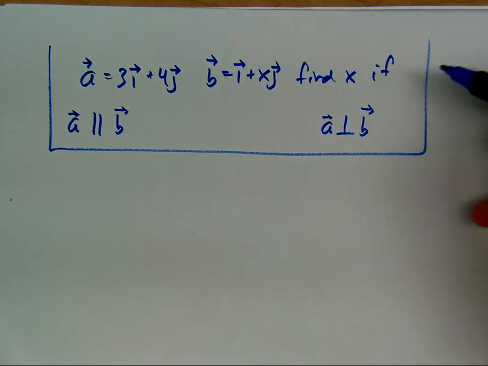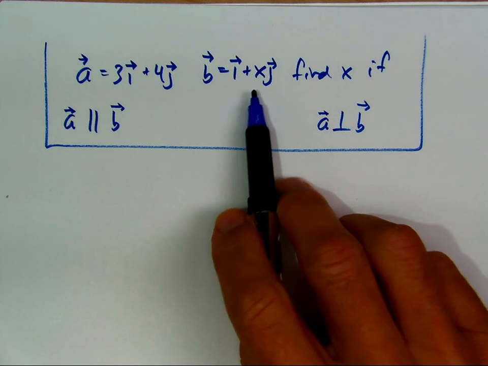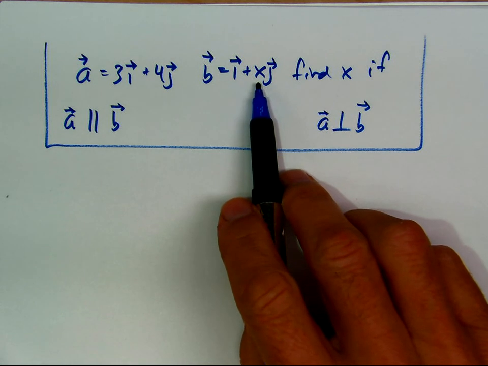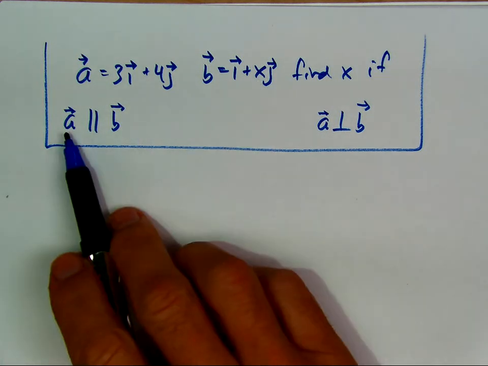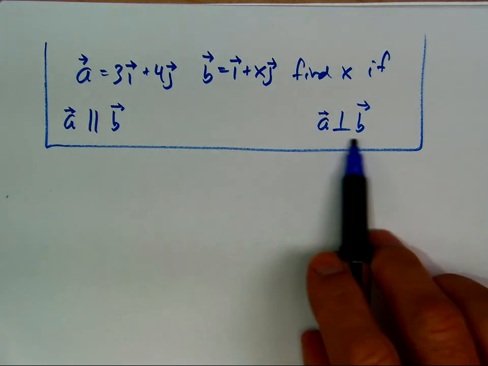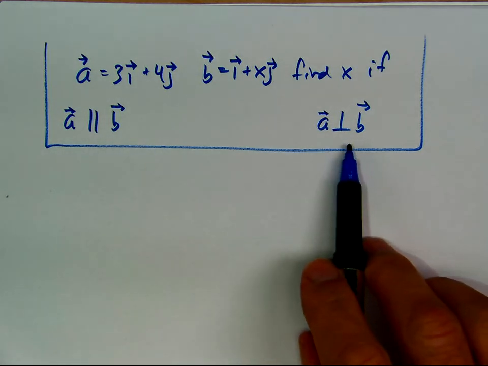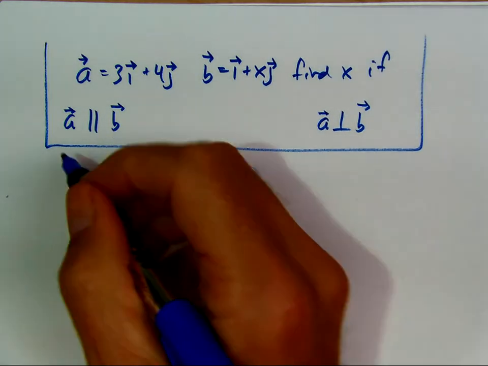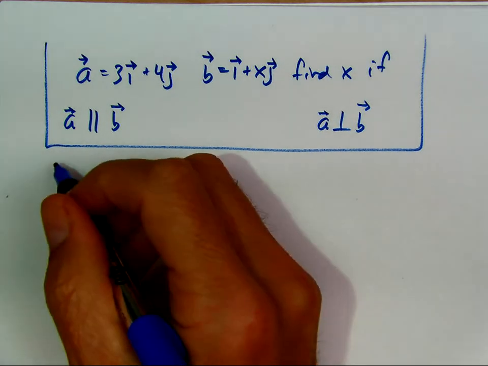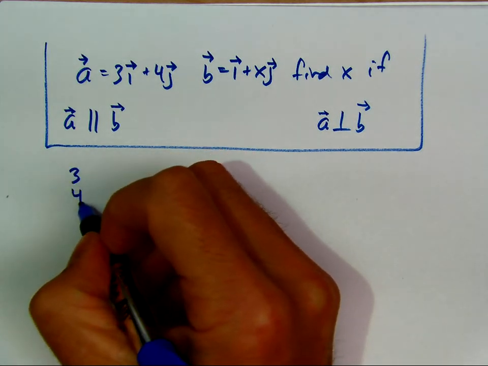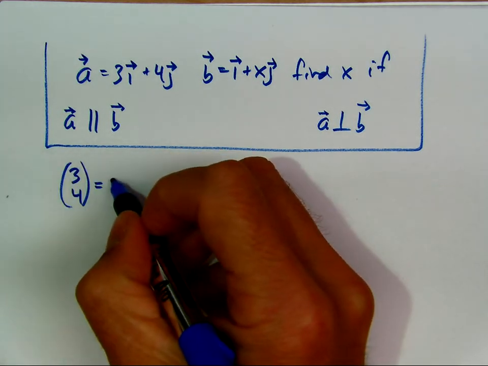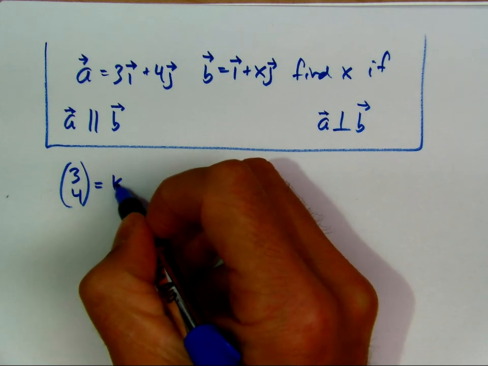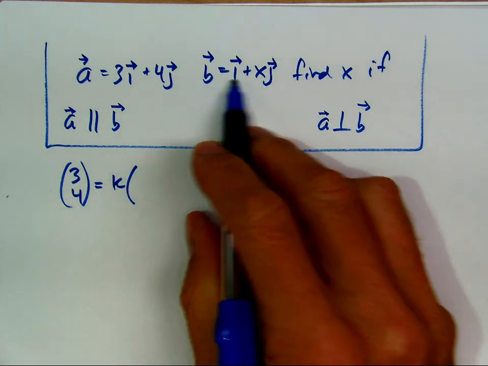So here's a common question where they leave out one of the coefficients. Let's find x if A is parallel to B and if A is perpendicular to B. If they are parallel, then A has to be a multiple of B, that's 1, x.